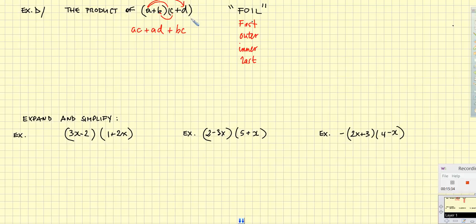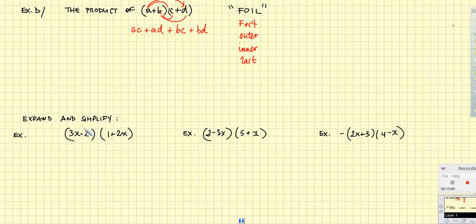And then b times d is my last one, plus bd. Now, all this really is called is FOIL. And what that means is you multiply your first terms, then you multiply your outer terms, you multiply the inner terms together, and then you multiply the last terms together in each parentheses.